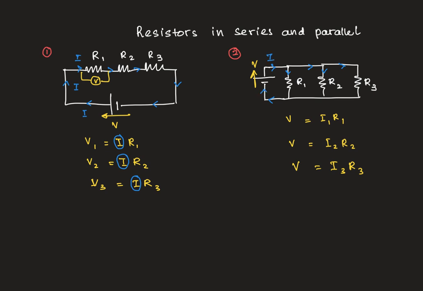For example, here you have I, there you have I1, and on this branch you have I minus I1, and then you have I2 here, and there you have I minus I1 minus I2, on the top branch over here. I3 would be the current across R3. So in each case you have the same voltage across but different current values.